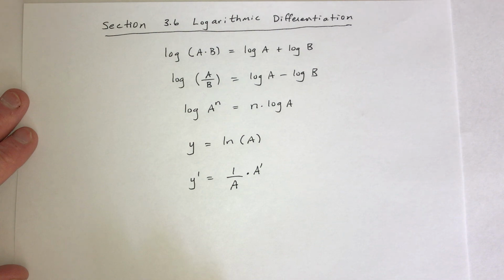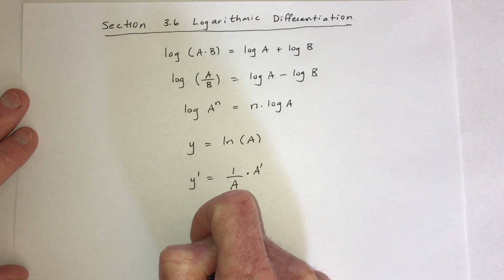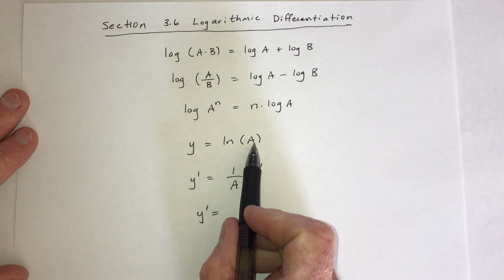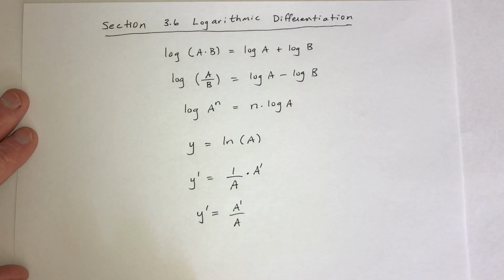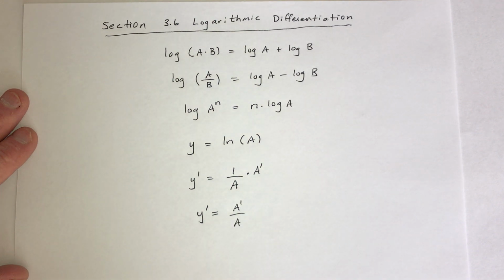The reason I'm pointing this out is because it's easier to just do that all in one step and say the derivative of natural log of a is going to be the derivative of a divided by a. It's the same thing, but it just goes a little bit faster. And when we've got quite a few logarithms, it's nice to have this little shortcut right here.